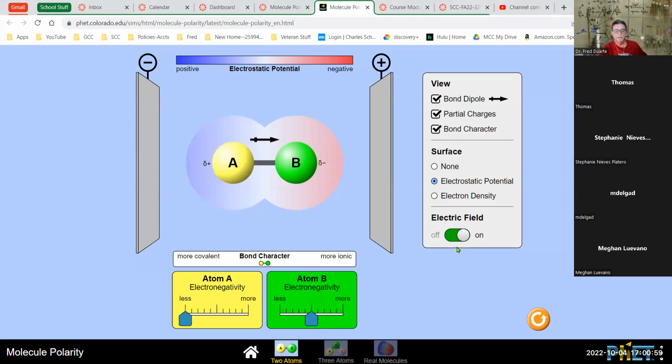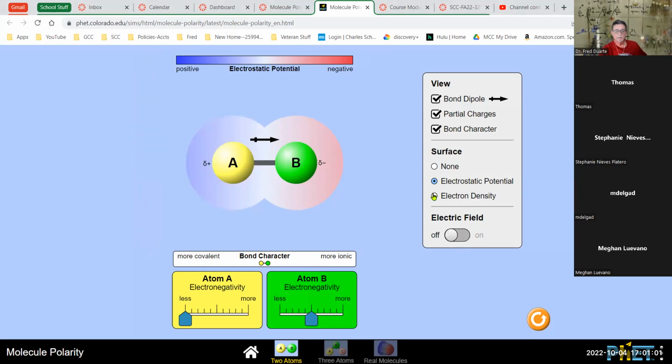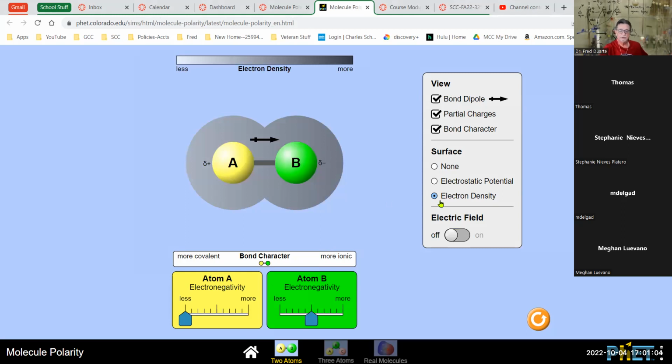And if you don't see the red color, maybe change it over to the electron density, and that gray scale just shows you the darker it gets, the more electron density is going onto the B side. It could be the opposite side too, not necessarily B. It all depends on the atoms A and B, whatever they may be.